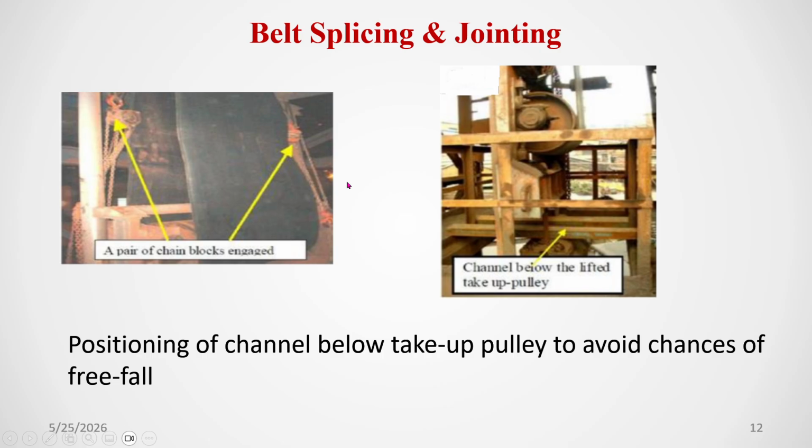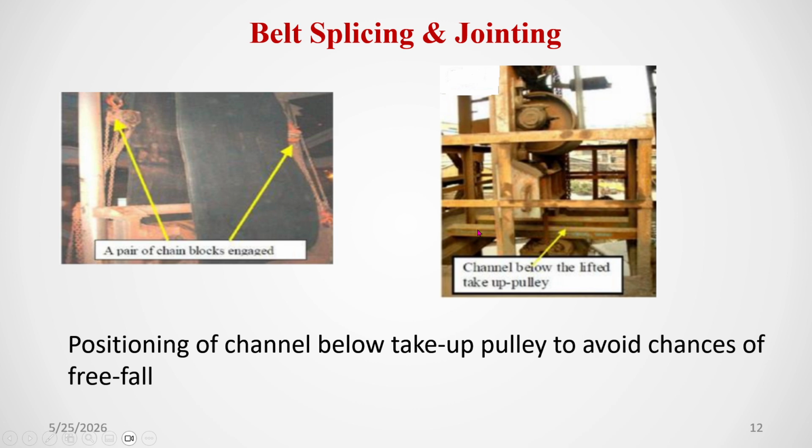Then you see, this is the gravity pulley. Here we are providing the channels. You see, these are the channels. So this pulley gravity weight should not fall down. Even if you are tightening both sides, from the tail end and from the drive end, still due to the weight of this gravity pulley, it can fall down. The pulley can fall down due to the gravity weight, and it will pull this belt downwards.